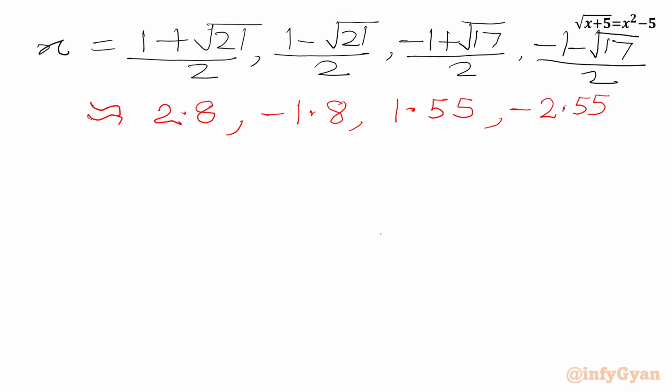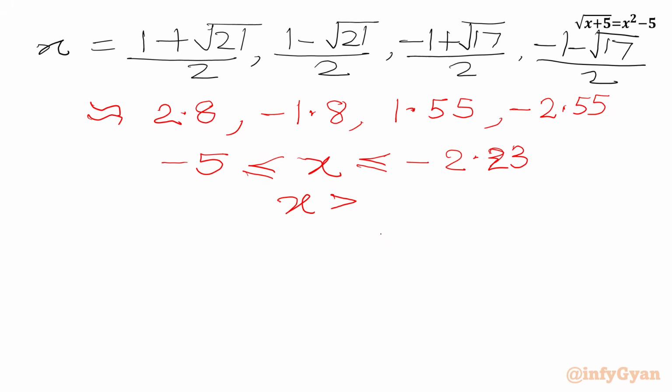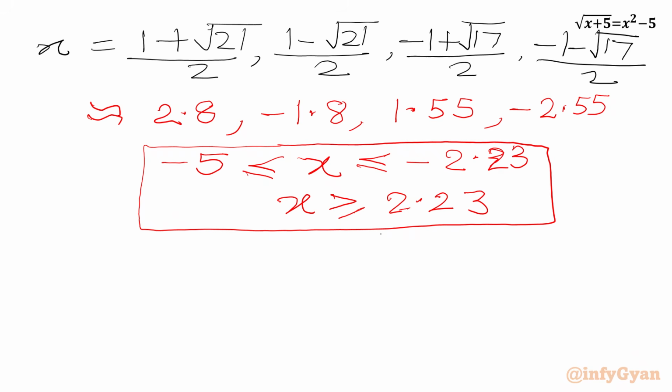Now we will write our condition on x. x should be greater than or equal to −5 and less than or equal to −2.23, which is the approximate value of √5. Here we'll write x should be greater than or equal to √5, which is 2.23 approximately. Now we have to find which solutions out of these four satisfy this restriction.